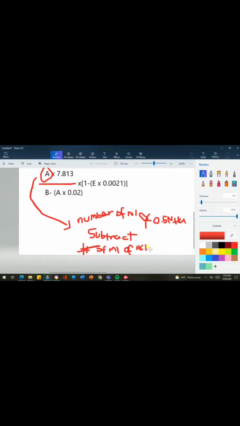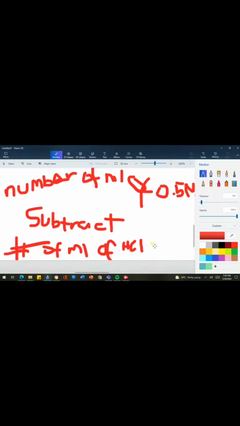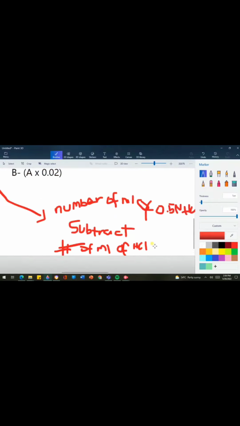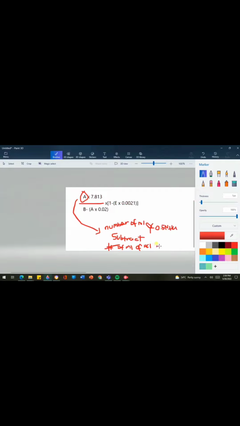Ayan, ito yung residual. Then, ito yung nagamit sa taas. Yung titignan mo dun sa buret. Tapos, at yan yung A. Yan yung paano mo makuha yung A.